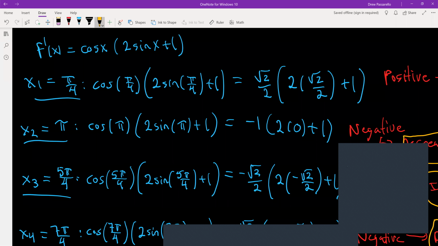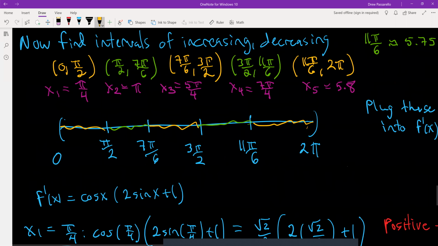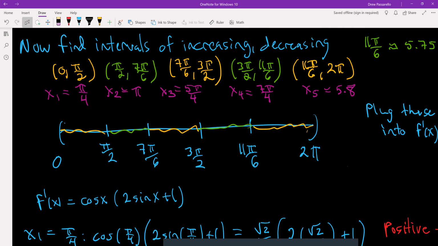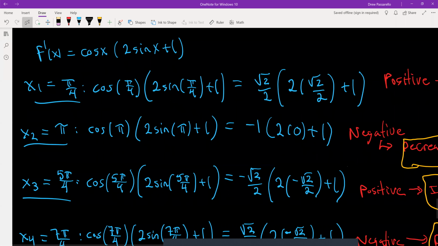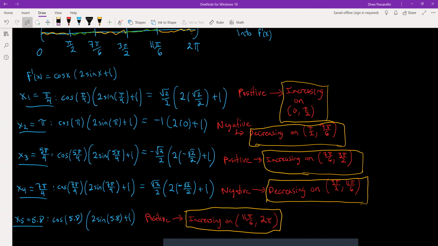All right, so I paused it and found these myself just to save time in the video. Again, you just plug each of these test values into its derivative, record, and the sign is what matters. Here are the results I get if you want to pause it and write this down. So for the first test value, it came out to be a positive number, which means you have increasing on that first interval.